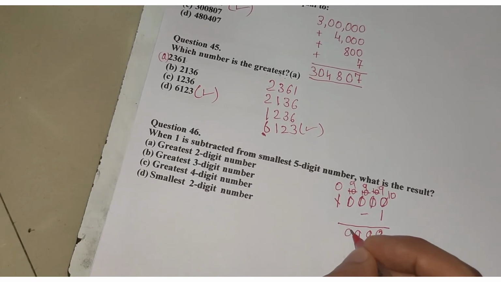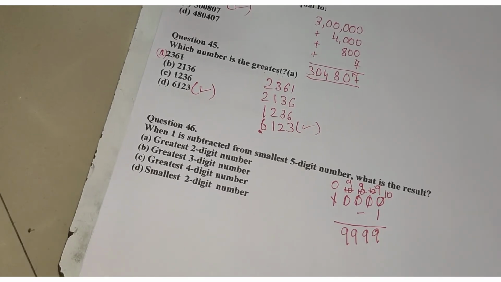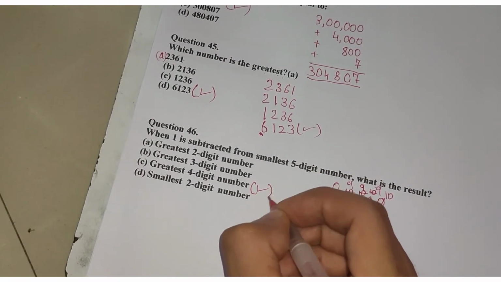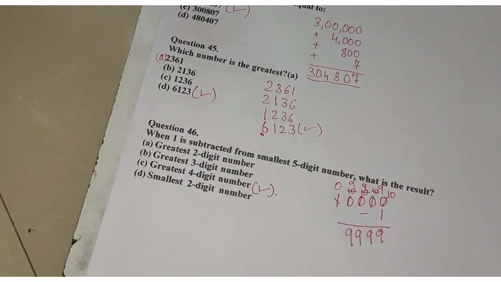So what have we got? 4 times 9. Again 9 is the single digit greatest number. It means 4 times 9 is the greatest 4-digit number. So option C will be the correct one. It is the greatest 4-digit number.